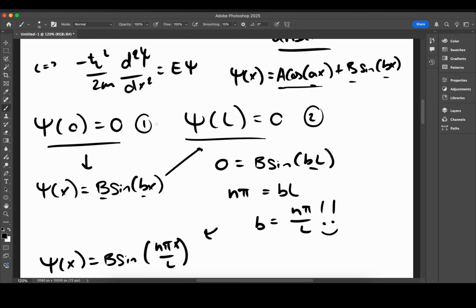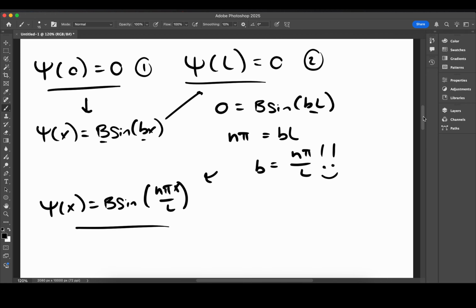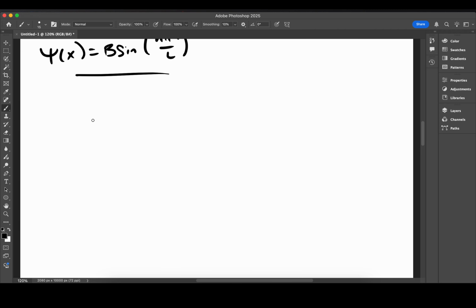Now, the boundary condition that I didn't mention up here, but we can treat as one, is the normalization condition. I'll write it for the case in one dimension, where the integral of the absolute square of the wave function over all space with respect to its spatial coordinate is equal identically to 1. It's the normalization condition.